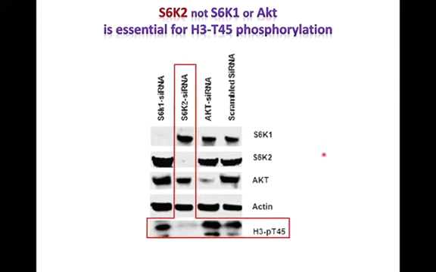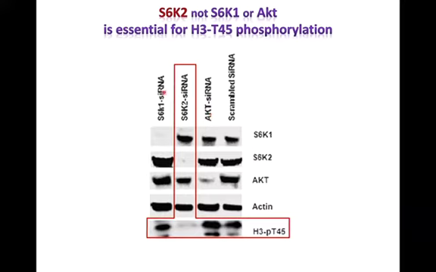You can see here, in this setup, they used siRNA for S6K2, siRNA for S6K1, and siRNA for AKT. As you know, siRNAs, or short interfering RNAs, are RNAs that are transfected inside cells and used to knock down the expression of the protein of interest.